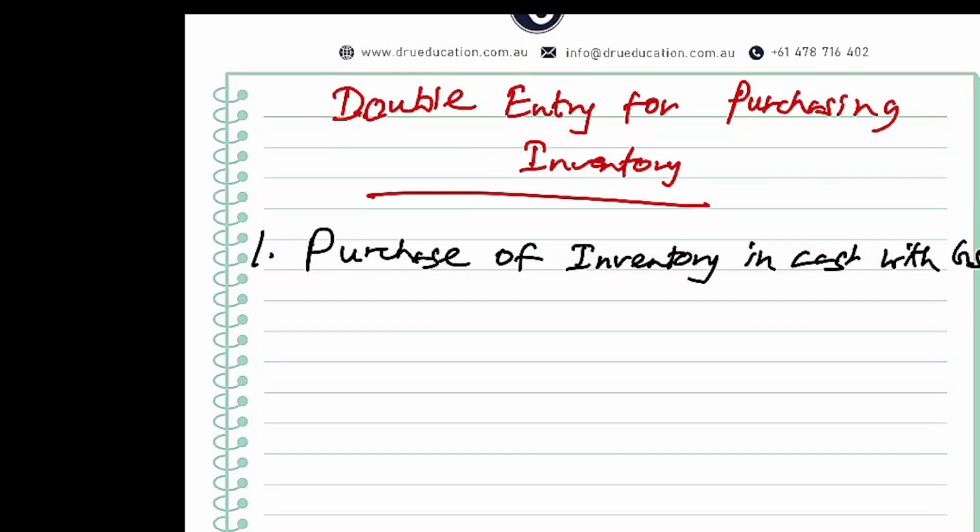Okay, then let's try the double entries, guys. Debit, what do you debit? Inventory account. Why inventory account? Because inventory increases.